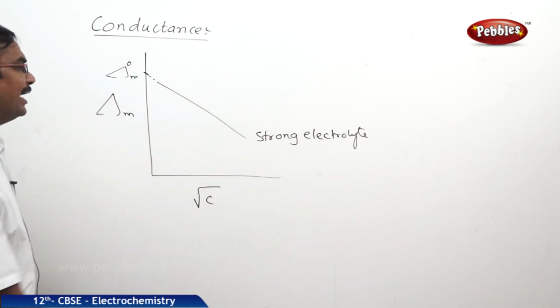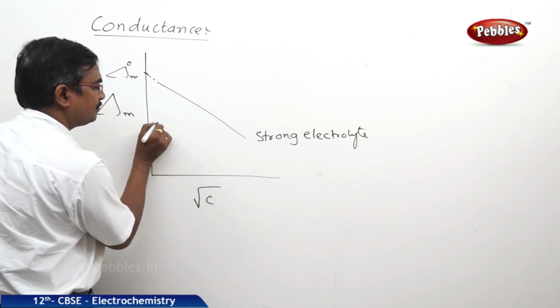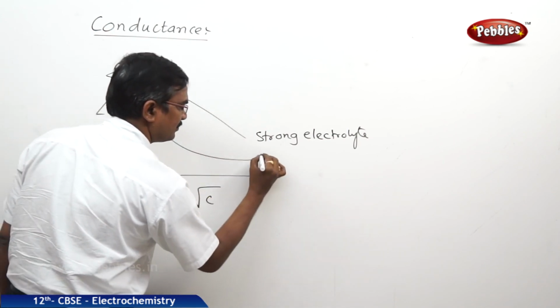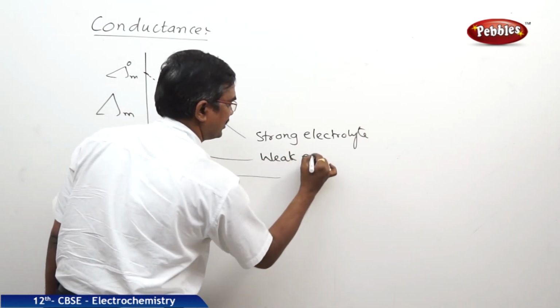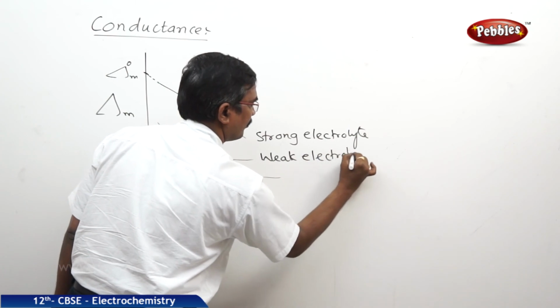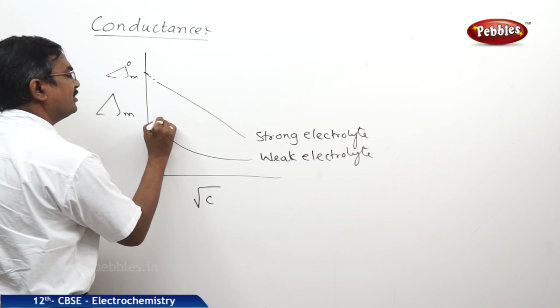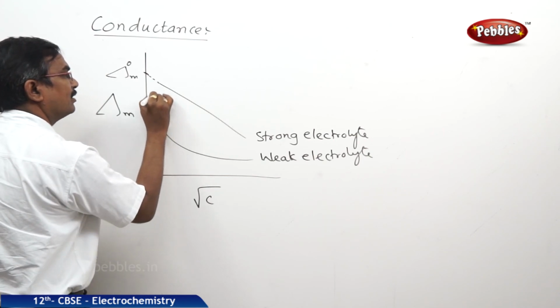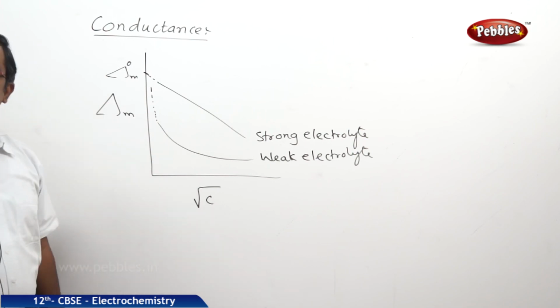If you take a weak electrolyte, suppose acetic acid, we will get the graph actually like this. This is for weak electrolyte, like acetic acid. In such a case, on extending this, we may not get exactly this graph which will touch the particular axis, the y-axis.